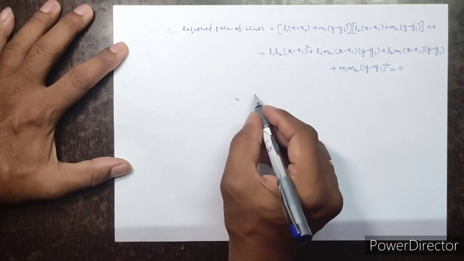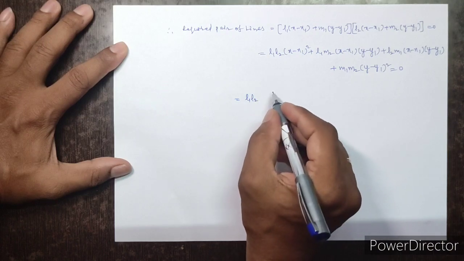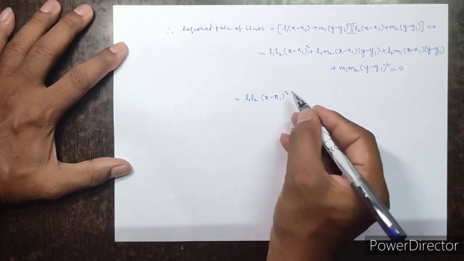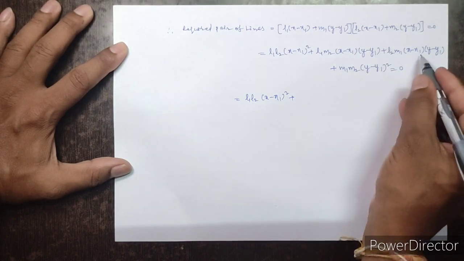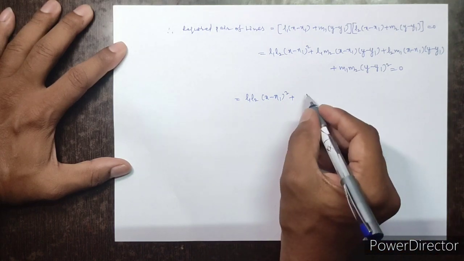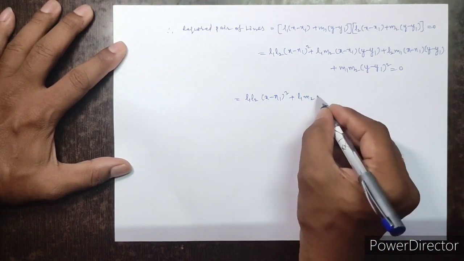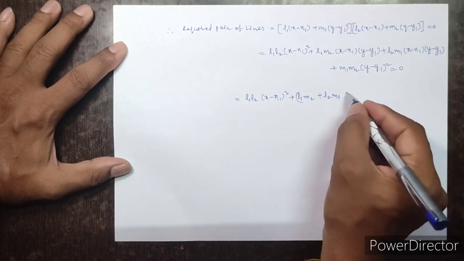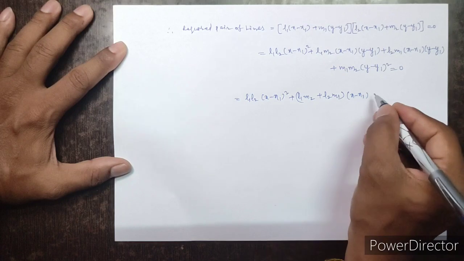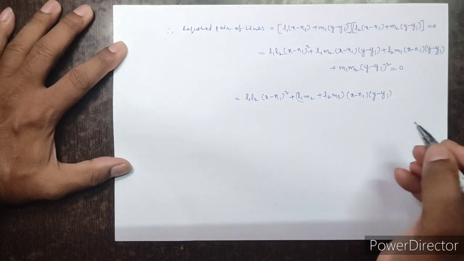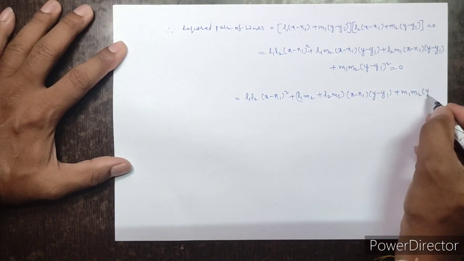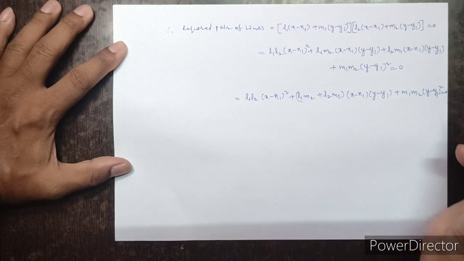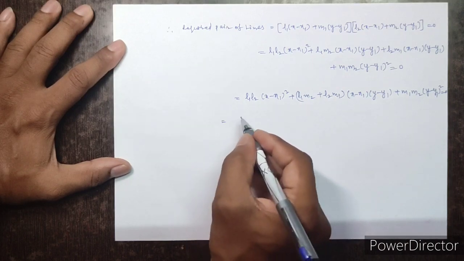That equals l1 l2 (x minus x1) whole square plus this x minus x1 of y minus y1, this is also x minus x1 of y minus y1. We take common (l1 m2 plus l2 m1) of x minus x1 into y minus y1, plus m1 m2 (y minus y1) whole square equal to 0.